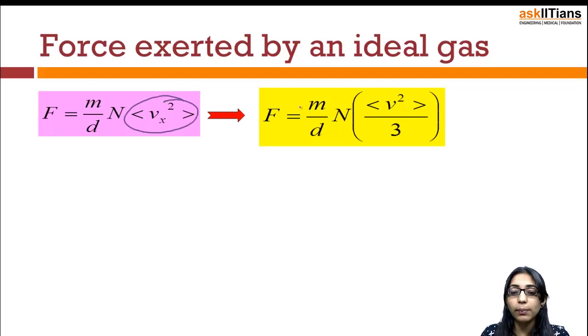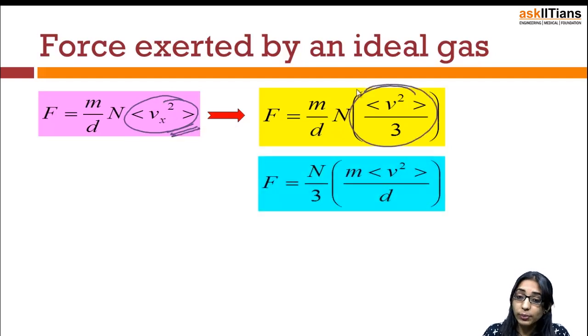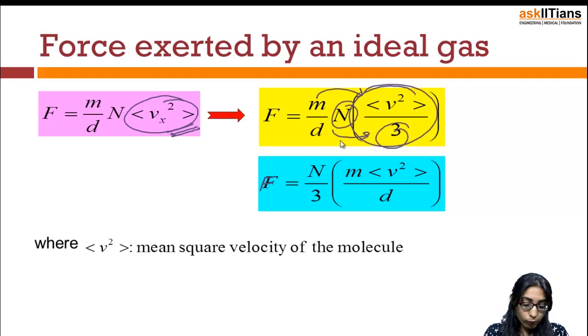This Vx square we just got as v square over 3. If you take n outside, F will be written as n over 3, with m and d inside the bracket, where v square is nothing but the mean square velocity of the molecule.